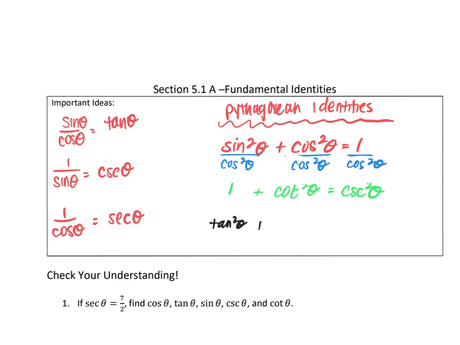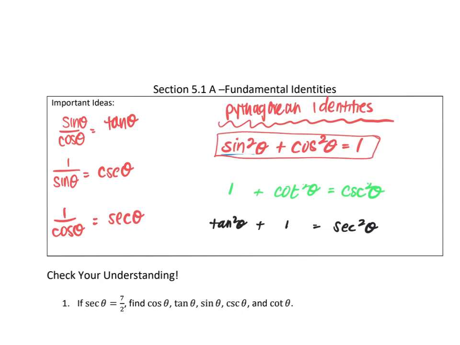Cosine squared divided by cosine squared is 1. And then 1 divided by cosine squared is secant squared, okay? So I would recommend memorizing this first equation, and then you can always get the second and third Pythagorean identities by dividing by sine squared or cosine squared.